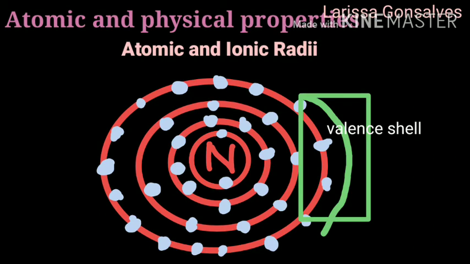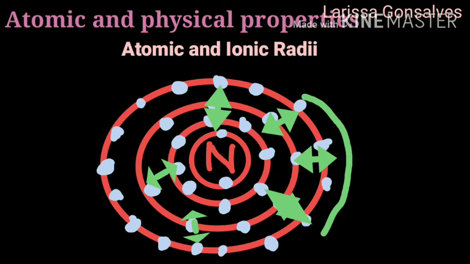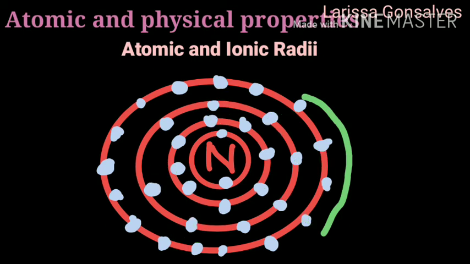Since electrons are negative in nature, they are going to repel each other, and these electrons are not going to allow the force of attraction of nucleus to reach the electrons in the last valence shell. Z effective is the nuclear charge. Group 17 elements, which are the halogens, have the smallest atomic radii in their respective periods.